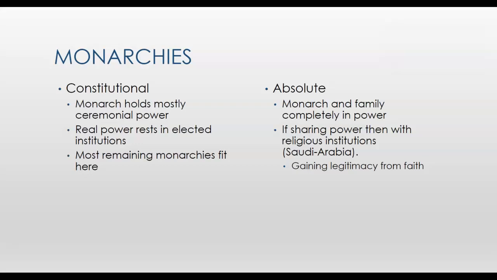If the religious institutions are part of it, then the royal family is relying on the power that comes from the religious institutions, and those religious institutions, in the name of God, in the name of faith, say that God gave us the sultan or the emir or the sheikh, or the prince or the king or the queen, whatever that may be, to rule over us.